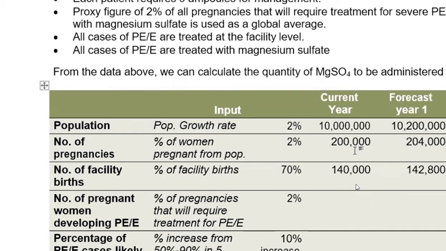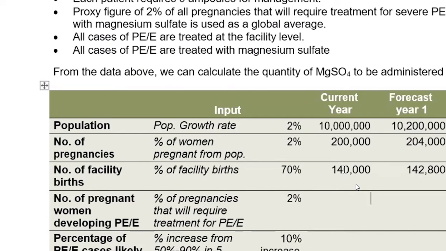Those who give birth at home won't be given it. So the 70% here, we want to account for women who visit the facility. Is that clear?